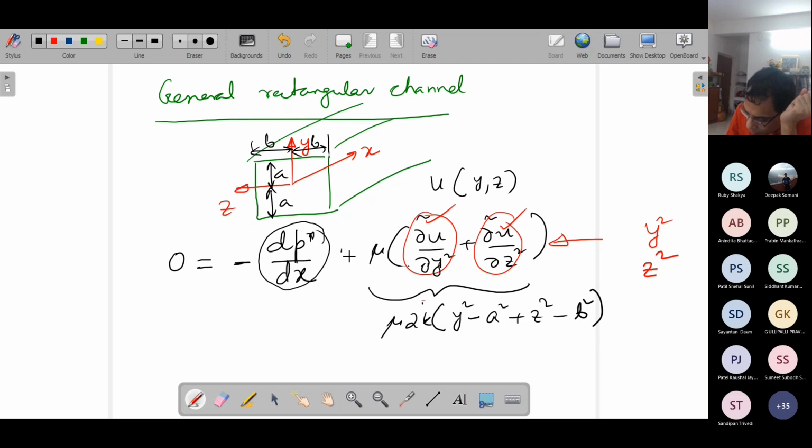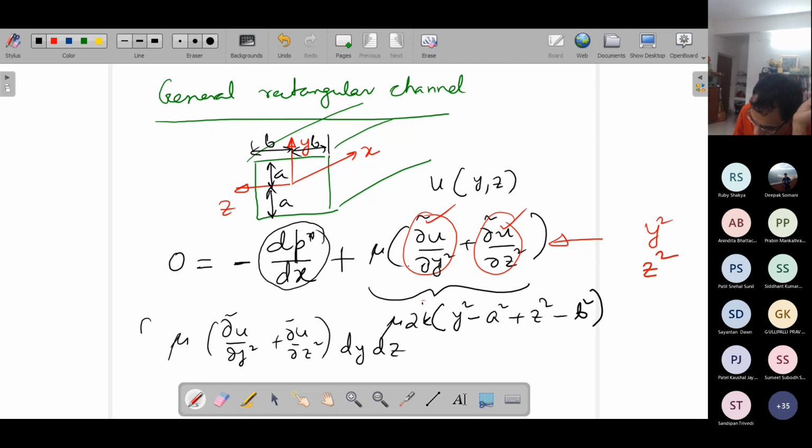But what we can do is that we can try to make sure that although locally this is not satisfied, in an integral sense this is satisfied, integrated over the cross section. That is, overall a force balance is satisfied. So if we integrate it with respect to y and z, double integral of y and z, y equal to 0 to a, and z equal to 0 to b.